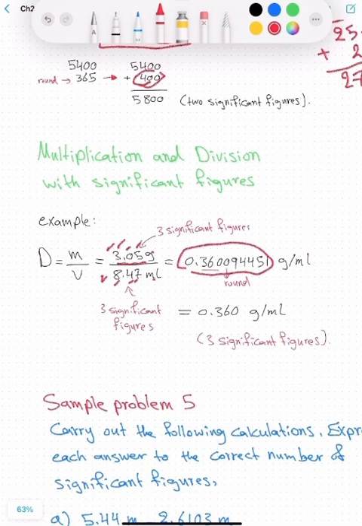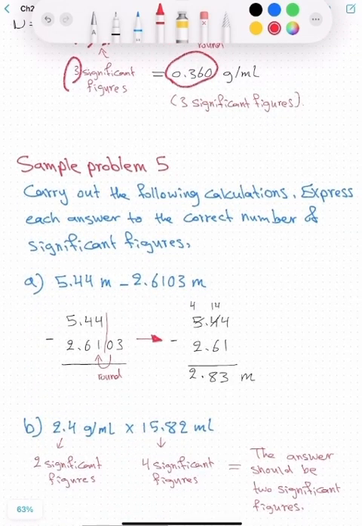We only want 3, because both of them have 3 significant figures. So you round it. The 0 does not count because it's on your left, it's not significant. 1, 2, 3. What comes after it is 0, so just ignore it and ignore the rest. So the answer should be 0.360 grams per milliliter.